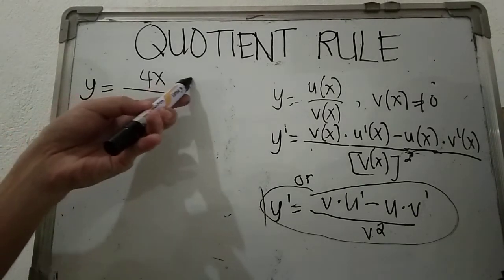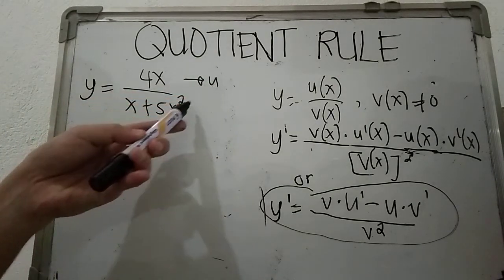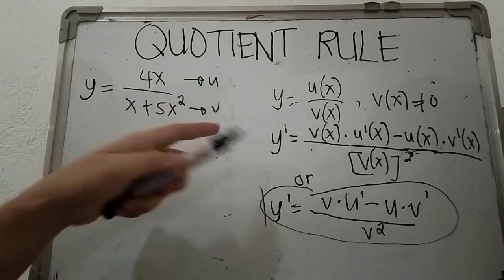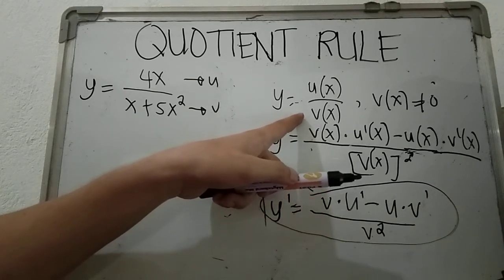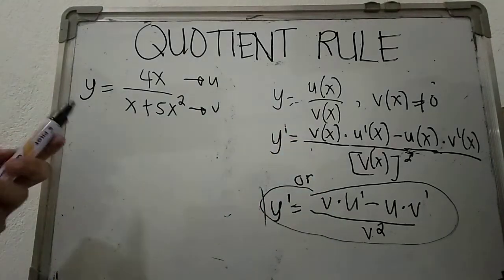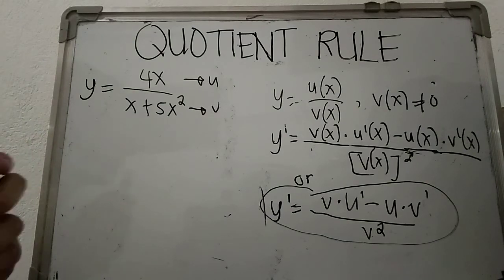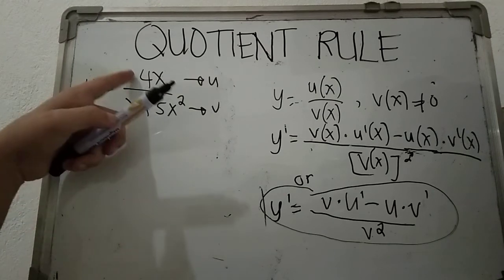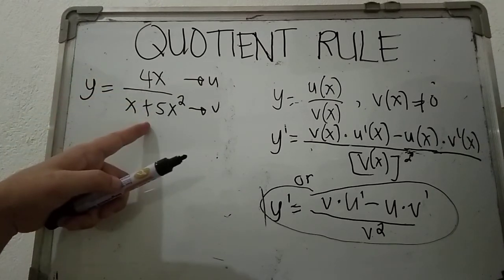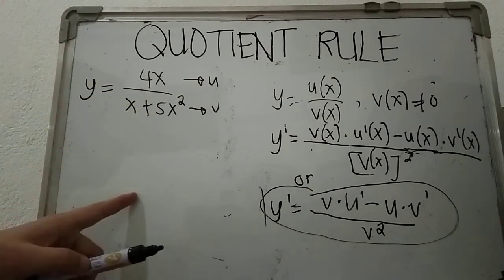Take note, our numerator is our u and our denominator is our v, if you look at our definition of the quotient rule. But there are cases where you have to factor something, especially on the denominator part or the numerator, because you have something to cancel before getting the derivative.